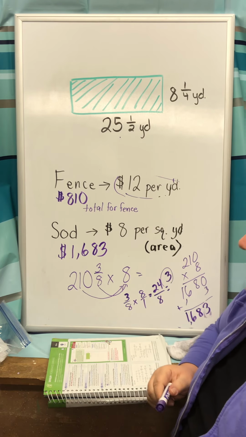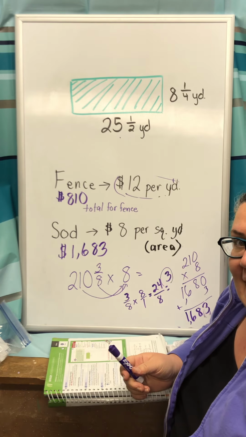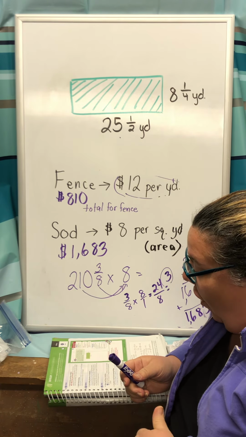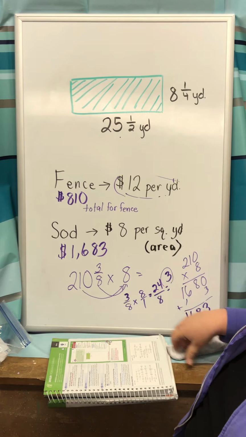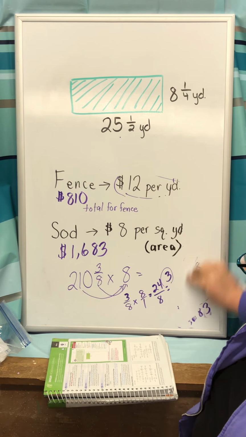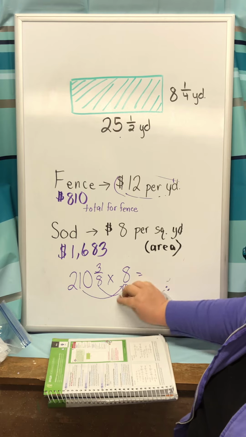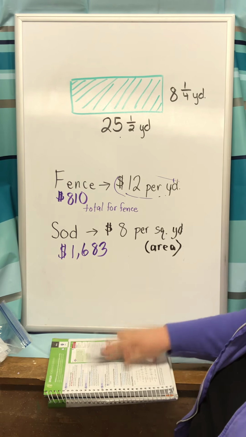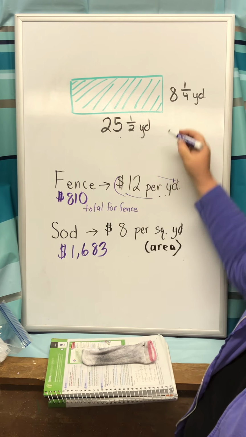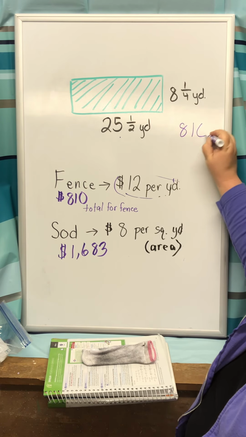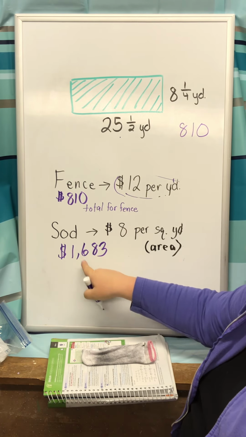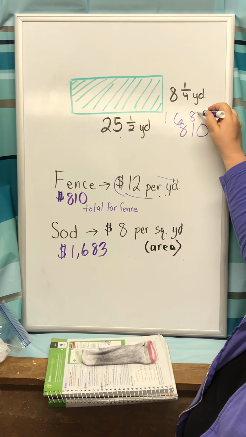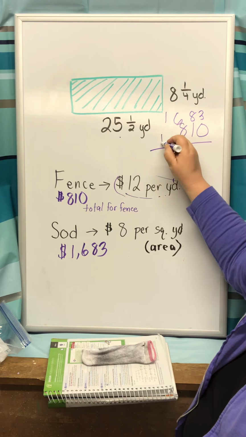So we have one more step to do because ultimately, if you go back to the question, what was the total cost for the fencing and the sod? So that very last thing that I need to do now is I need to take the cost of the fencing, which was $810, the cost of the sod, which was $1,683, and I need to add them together.